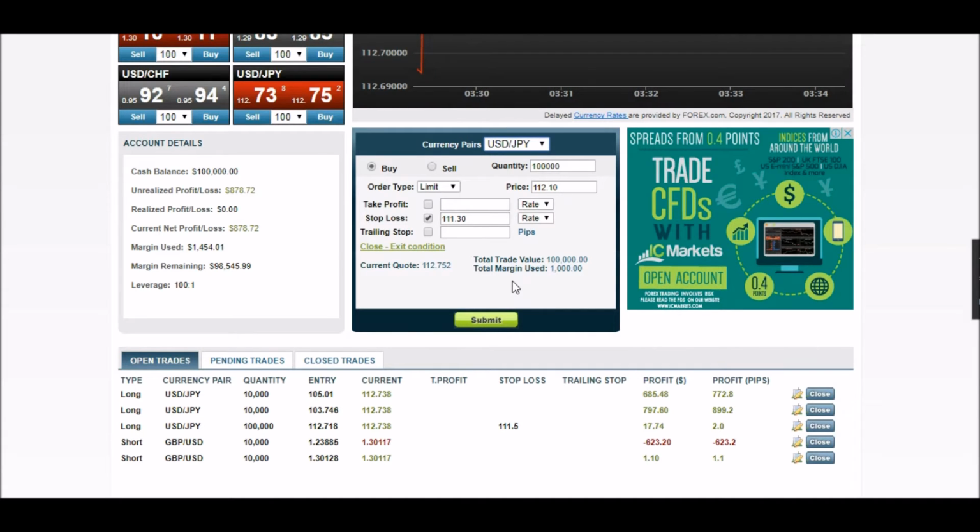Now if we go to pending trades, we can see this trade in the pending trades. So here we have a limit order for dollar yen and we can modify this order whenever we feel like.